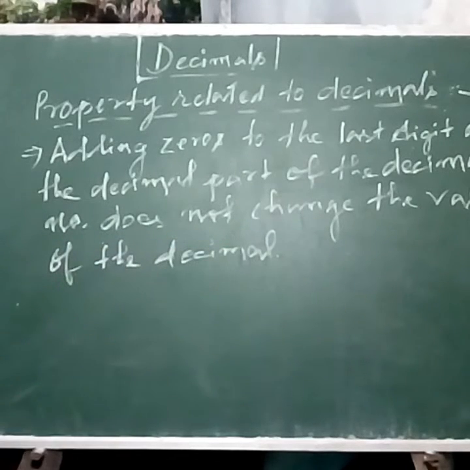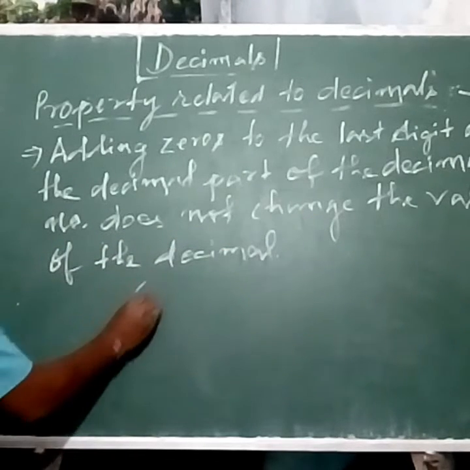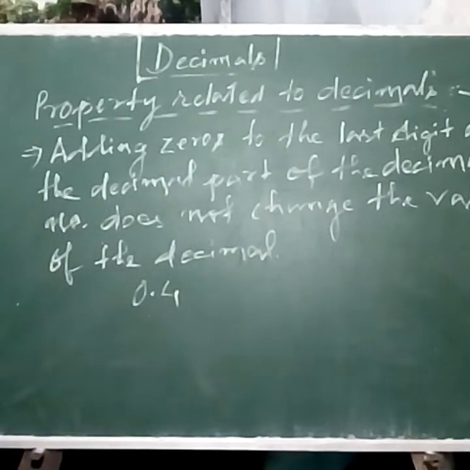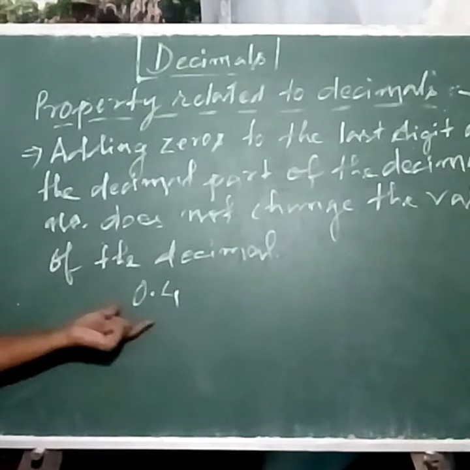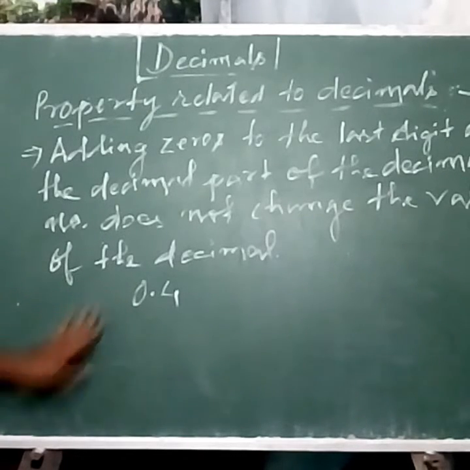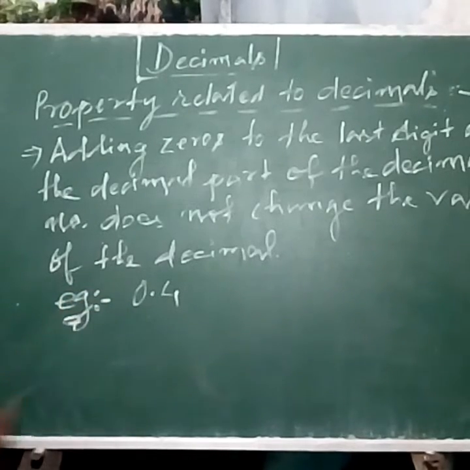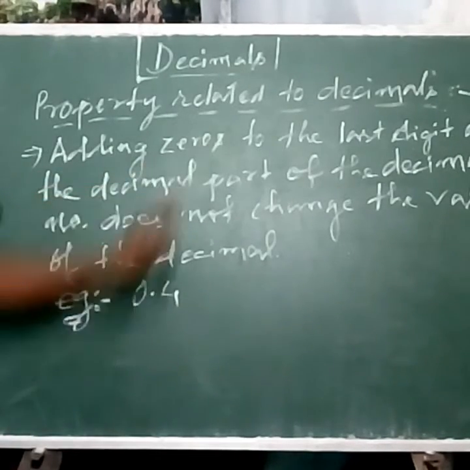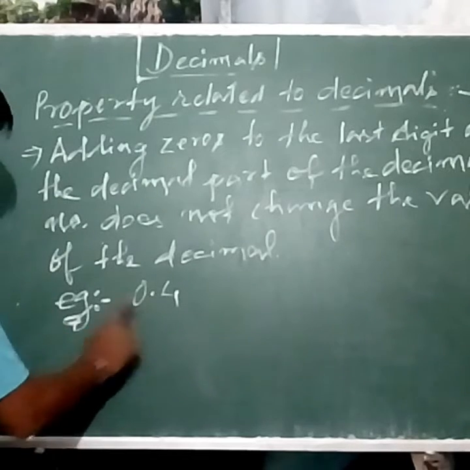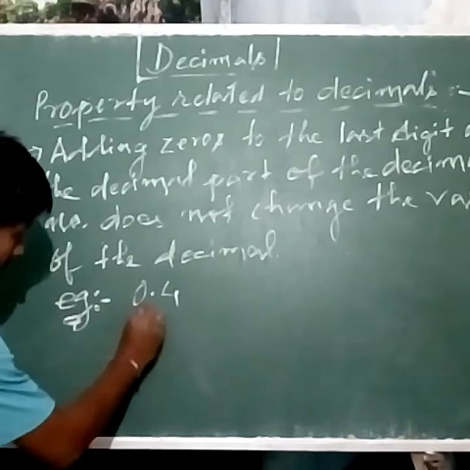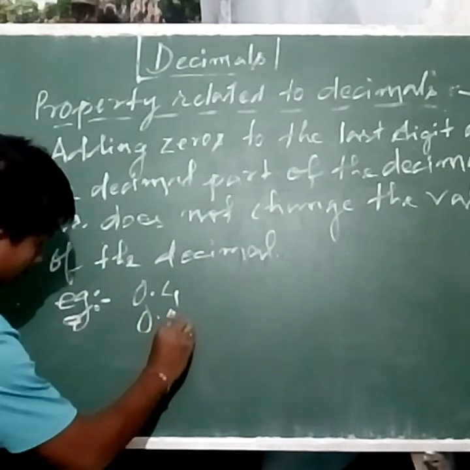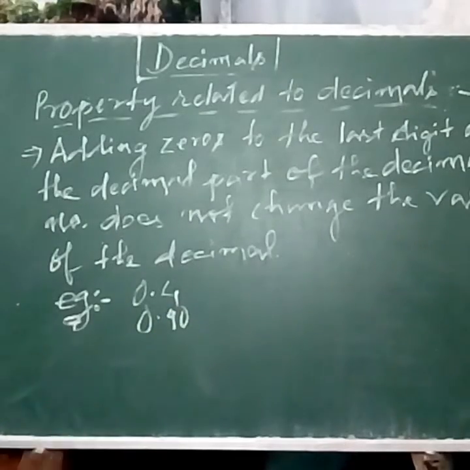So if I say 0.4, I have taken this example, and you can take many other examples. If I say 0.40, both are the same.